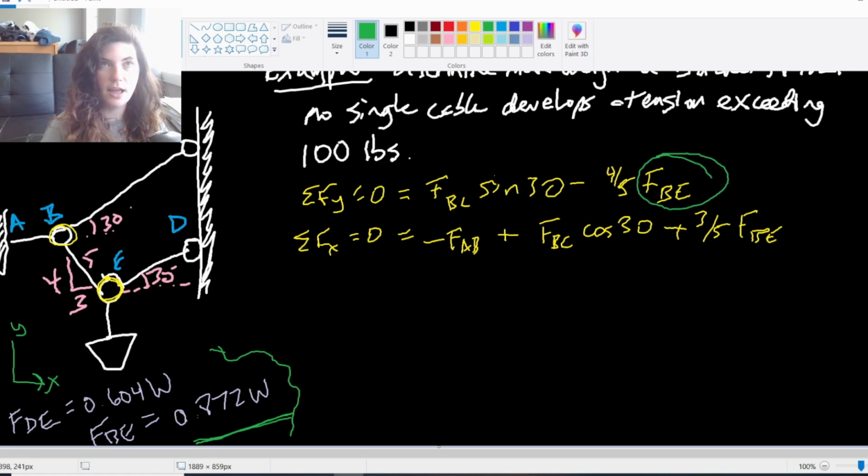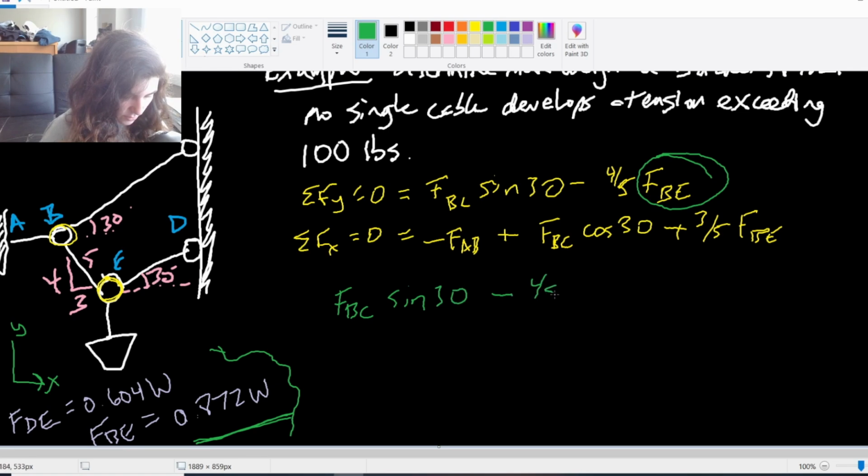This is our Y component summation, so that I get F_BC times sine 30 minus 4/5 times 0.872 W equals 0.